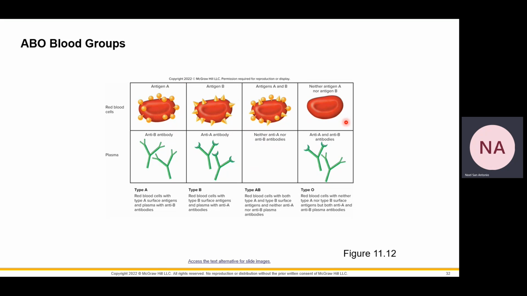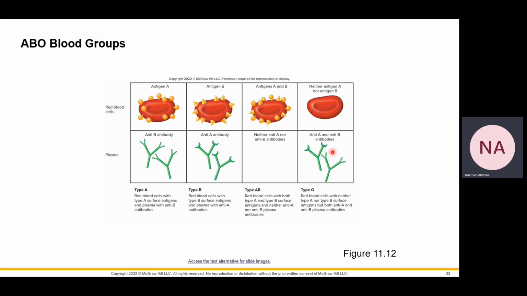But you have to remember that your type O blood possesses both antibodies in its plasma. So therefore, when it is transfused to type AB, yung kanyang antibodies will react with antigens A and B. Pagka isinalin mo naman siya with type B, yung kanyang anti-B antibody will react with antigen B of type B blood.